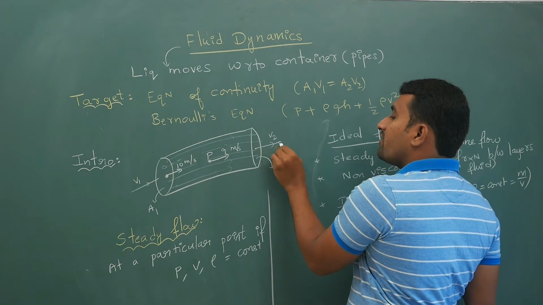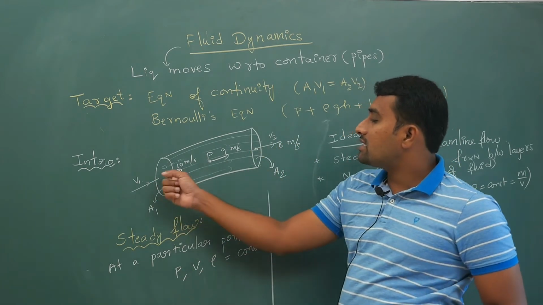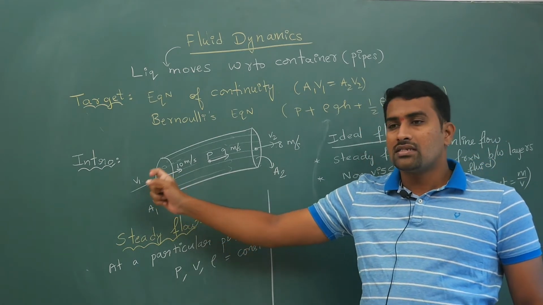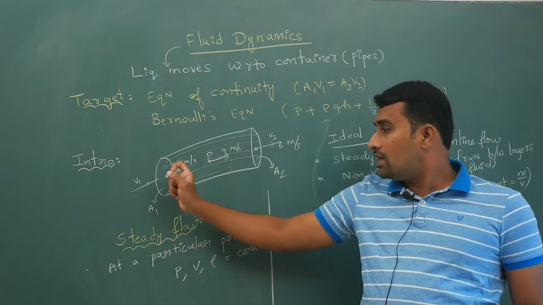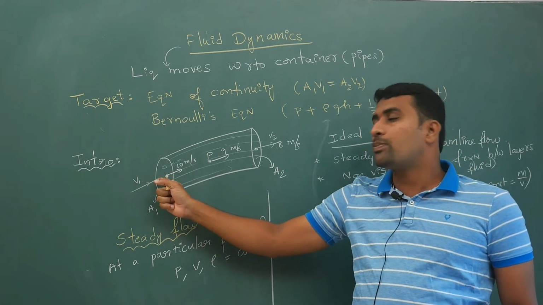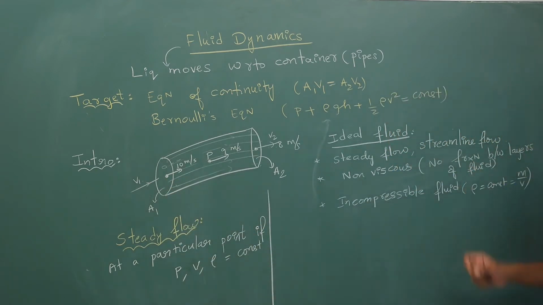Next, at this point it is coming out with 8 meters per second. So for any particle along the length velocity could change, but whatever particle enters at this particular point must have the same velocity. That is your streamline property.